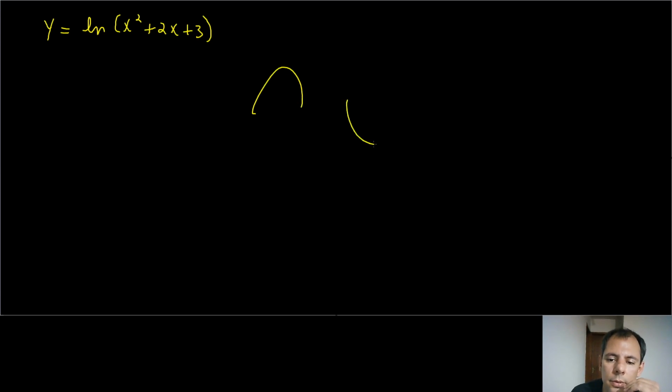Okay, let's see here. You have a function y equals the ln of x squared plus 2x plus 3. And it's asking to find the local extrema, which is the minimum point or the maximum point, like this or this, someplace.